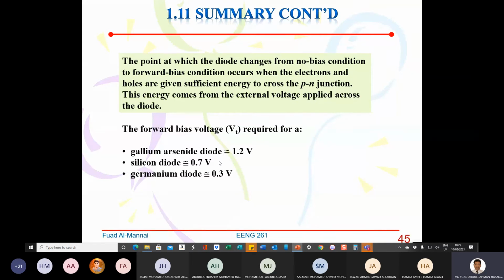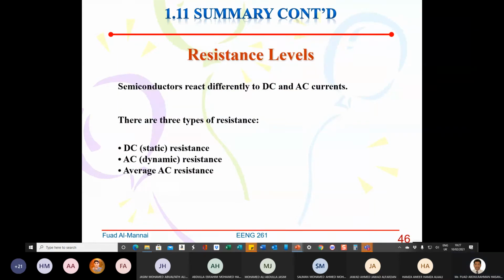For the silicon, as we have seen from the graph, we have to overcome the 0.7 volt; we have to put at least 0.7 volt or greater. For the germanium diode, we have to put 0.3 volt or greater. Any questions? Very good.